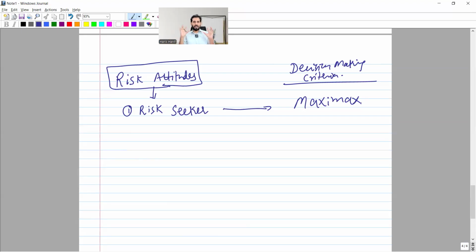What do you mean by the terminology maximax? If I am the risk seeker, I am an optimist personality. I will be looking forward to the best and the ultimate best outcomes. That's called maximax, maximizing the maximum return. Number 2, there is the risk averse, the person who gets afraid of risk.